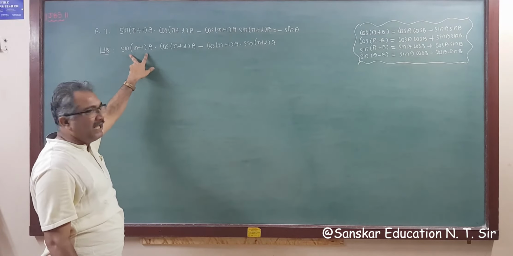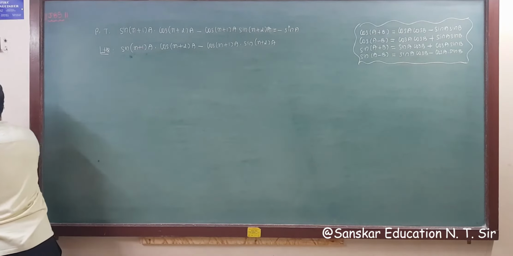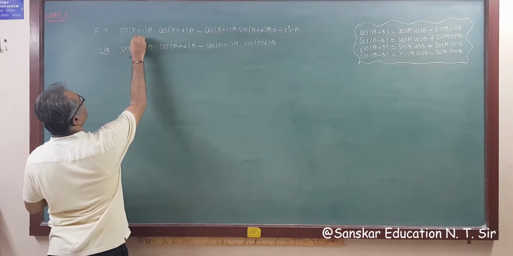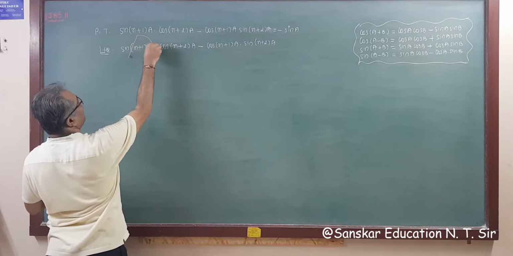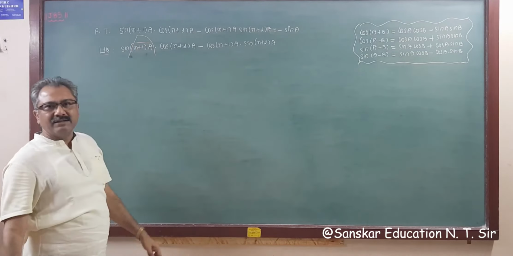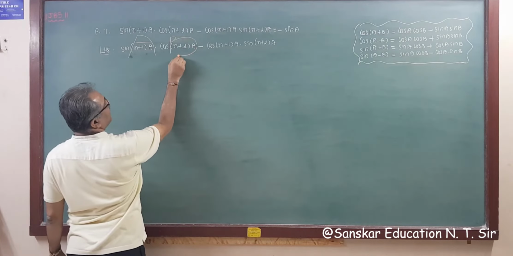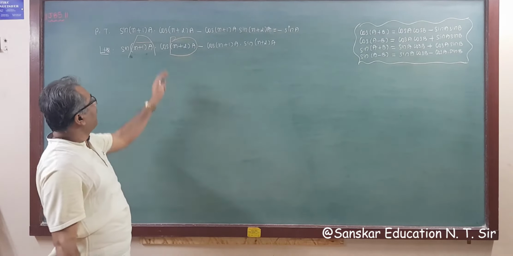So I am writing this as a. So this is sin a, right? Now this is cos b. So sin a cos b and minus.